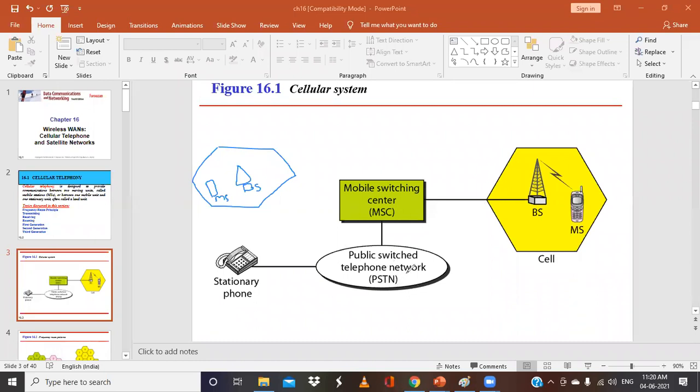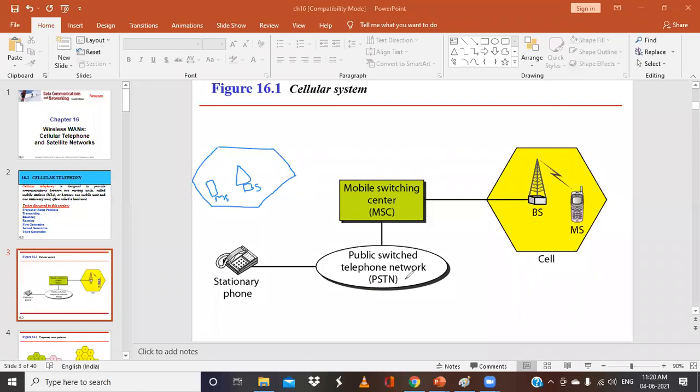That is our main telephone system, and it is computerized. The PSTN manages whether the channel is available, whether the line is free or not, and takes the call recordings, and all others are taken care of by the PSTN.